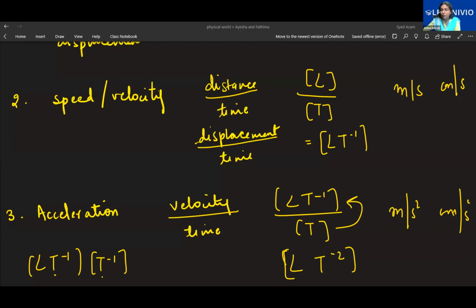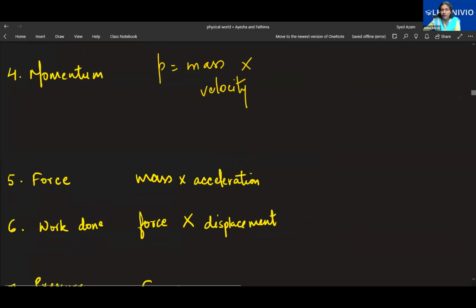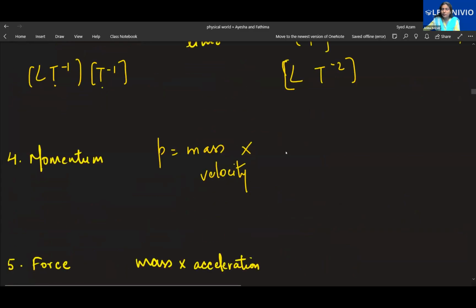Okay, class, let's move forward. Now see, there's a quantity momentum. Momentum basically means amount of motion in a body. Let's take an example, you are running. When you want to stop, do you just immediately stop?